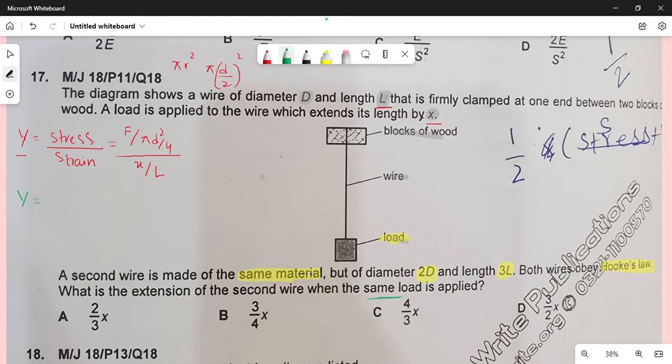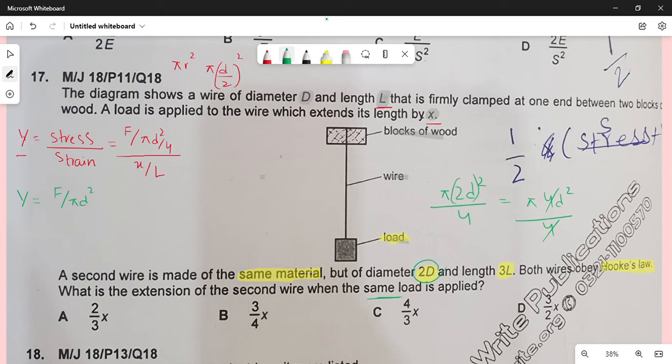So force over area: because now you have a 2d diameter, we write pi (2d) squared over 4, which is pi 4d squared over 4. The 4 and 4 cancel, so your area will be pi d squared.